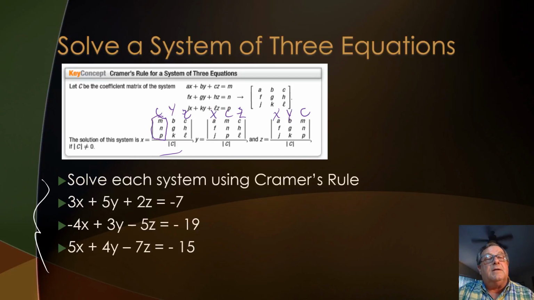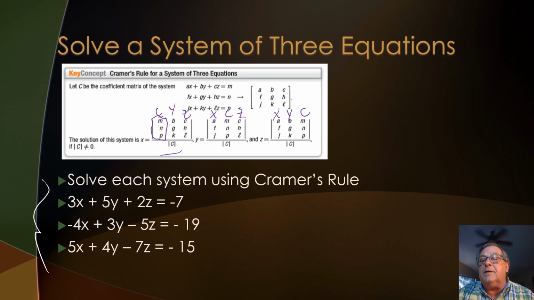As long as the determinant of the c is not zero. And so then we find the determinant of all these and divide the determinant of the x, let's call it, over c, y over c, z over c, the determinants of each of those to find our ordered triple.